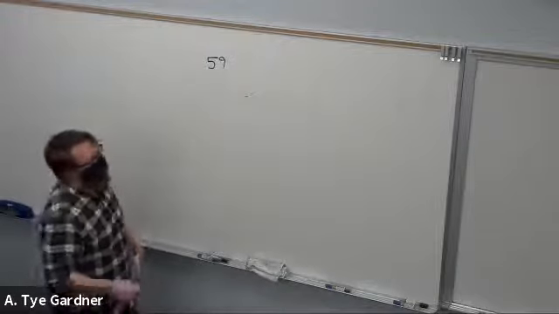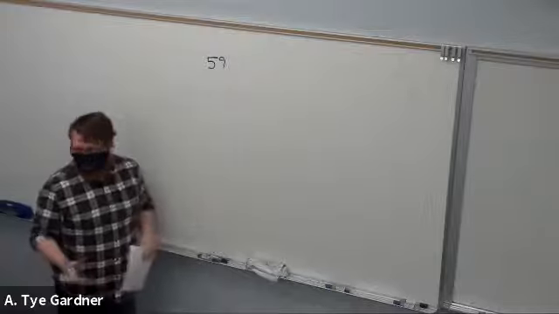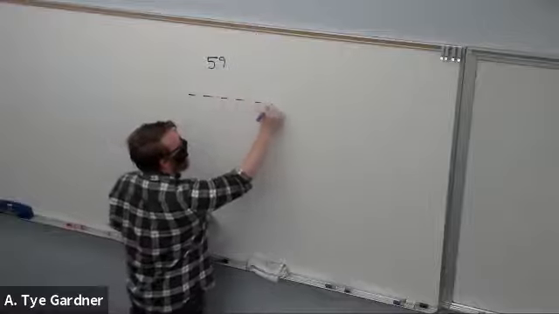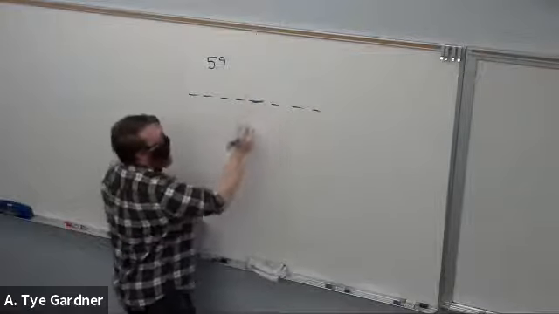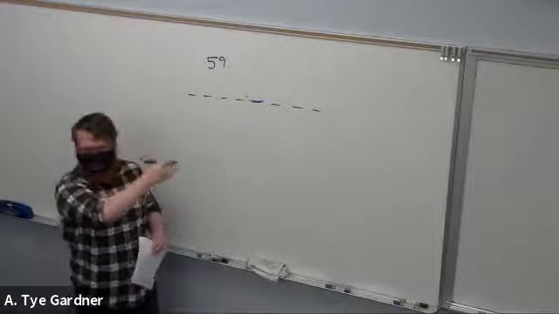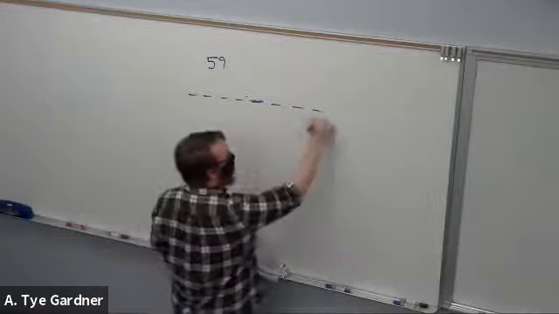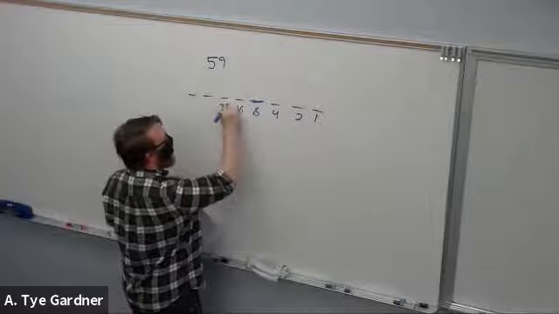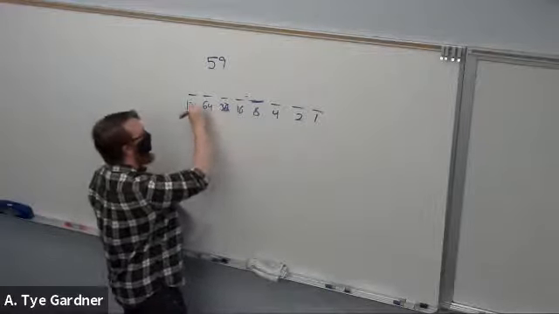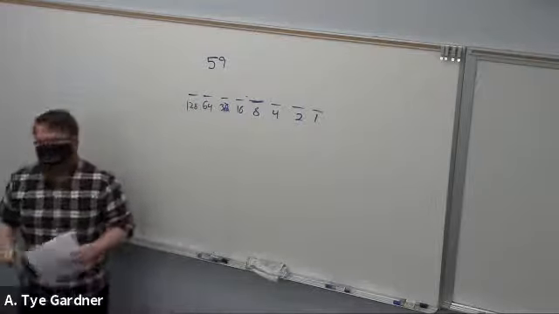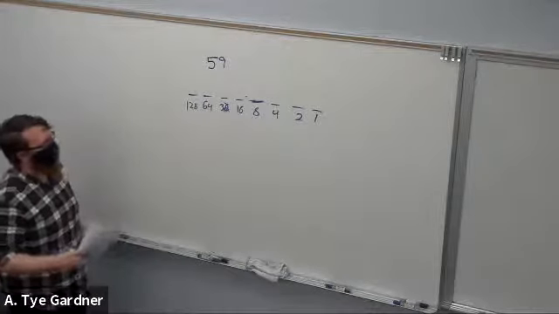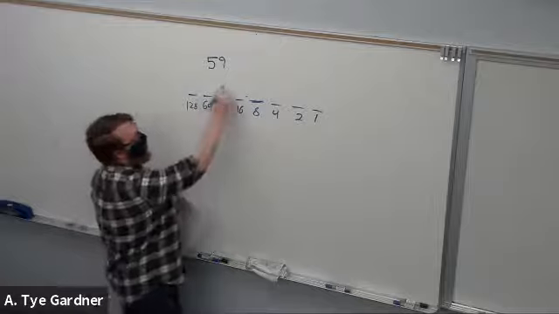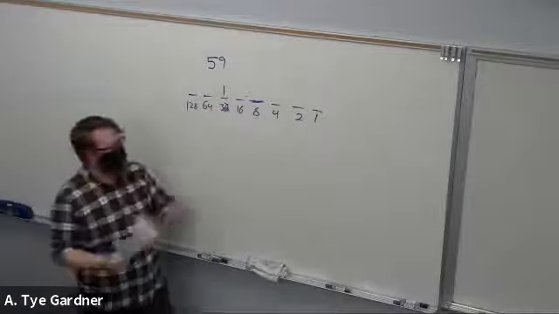If I say you have to show your work on this one, all you have to do is remember it's 8 bits, and they go up in powers of 2, 2 to the n. 2 to the 0 is 1, 2, 4, 8, 16, 32, 64, 128. The easy way to figure out 59 is to start with the biggest number I can add without going over. It's 32.